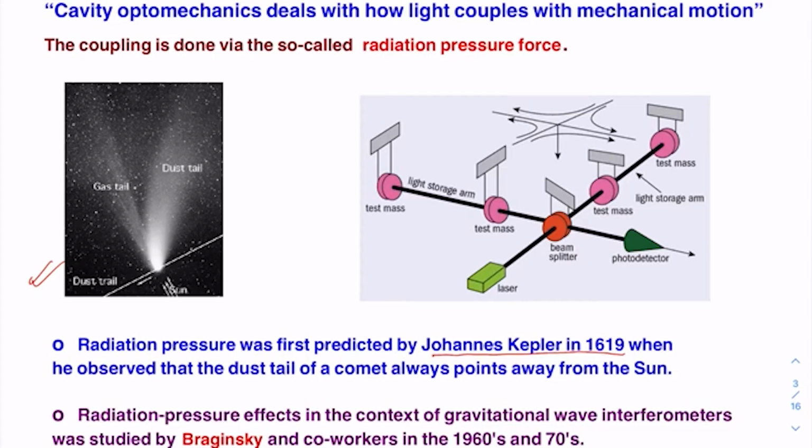Way back in the 1960s and 1970s, Vladimir Braginsky and his co-workers studied radiation pressure effects in the context of gravitational wave interferometers, because at that time people were looking at various ways to detect gravitational waves, and they came up with many proposals, and ultimately gravitational waves got detected.